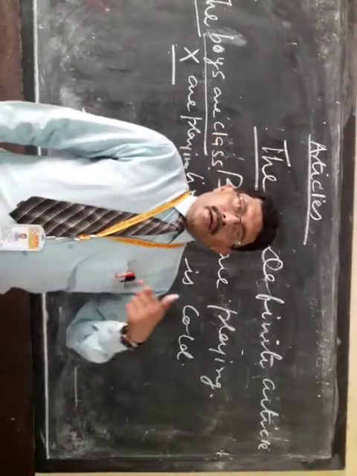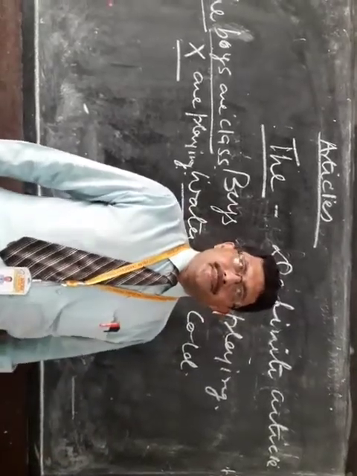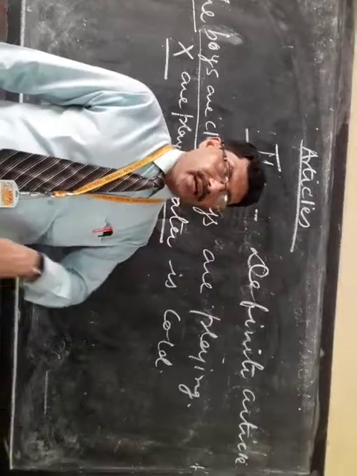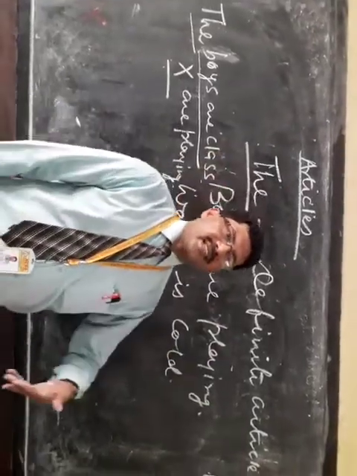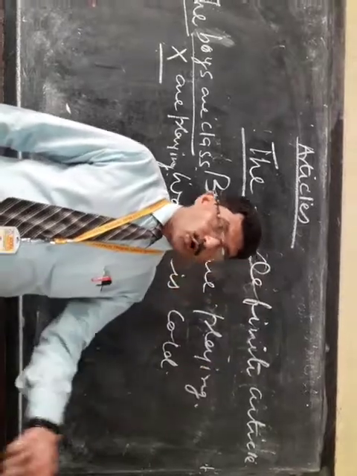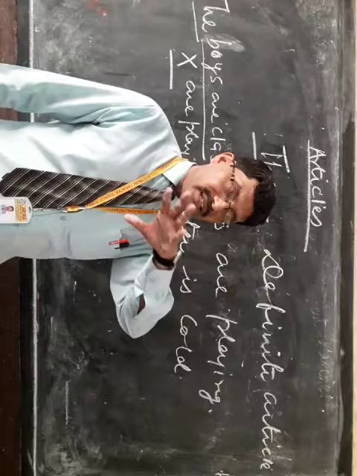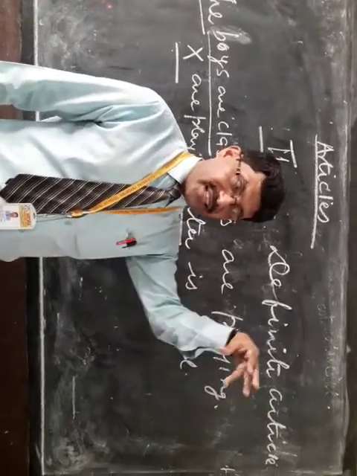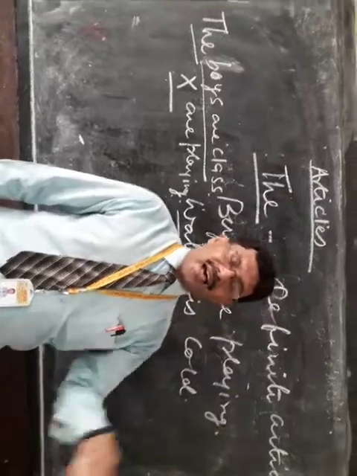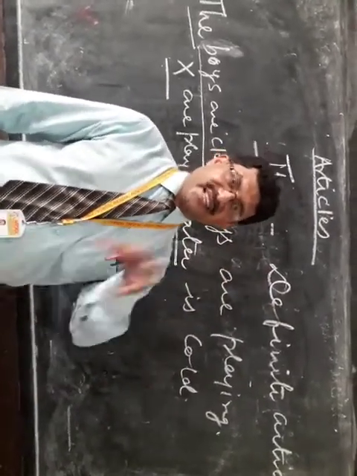But if I say girls of class 10th are dancing, is it correct? No, it is wrong, because the girls of class 10th are of a particular class, and they are not general girls. So girls are used in a particular sense, in a definite sense.